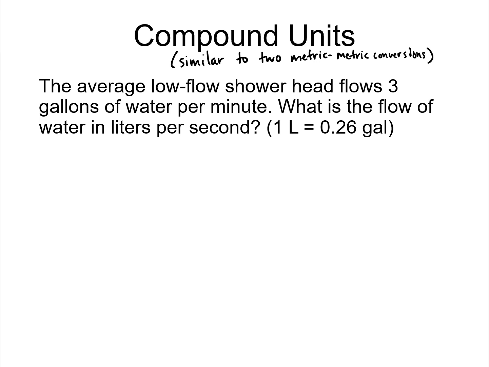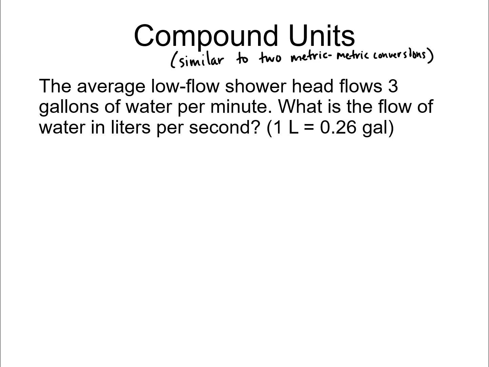It's similar because we have to use two unit factors that we get from two different unit equations to go from one set of units to the other. The difference is instead of just going from, say, picograms to milligrams, we're taking compound units like miles per hour or gallons per minute, and converting it to something else like meters per second.